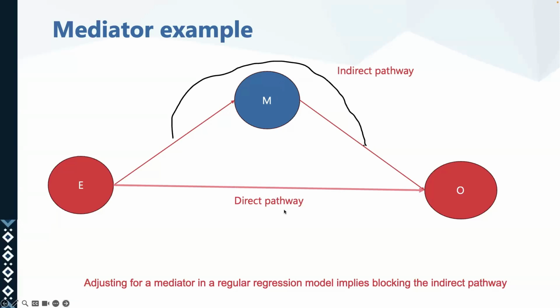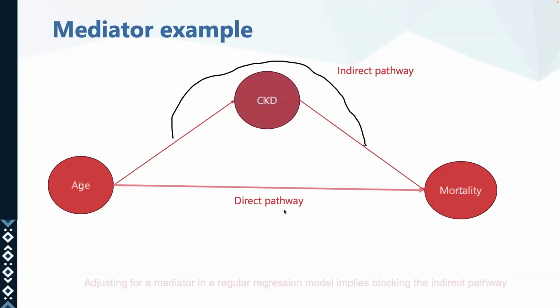Peter has more experience in mediation analysis, in the sense that you could have a scenario where the indirect pathway completely explains everything and the direct pathway explains nothing. If you block that and find yourself in a scenario where the direct pathway explains nothing and it is completely explained by the indirect pathway, then of course you find yourself in trouble and you get results that are not accurate. So it's something very important to keep in mind.